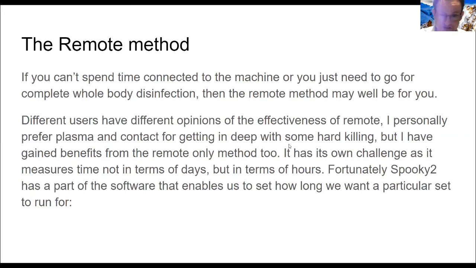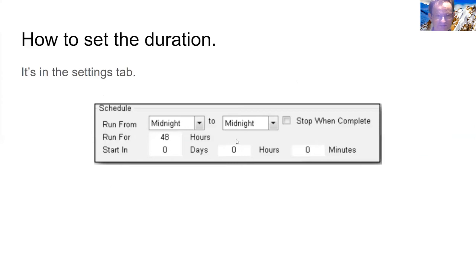It has its own unique challenge in the fact that it measures time not in terms of days, but in terms of hours. Fortunately, the amazing John White and all of his wonderful wizards have created a method in the settings tab which looks like this.